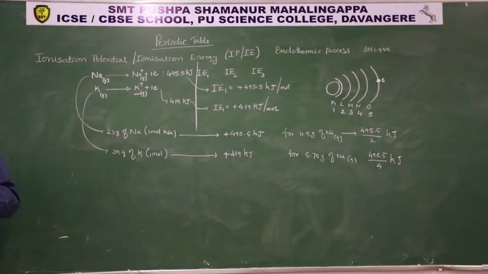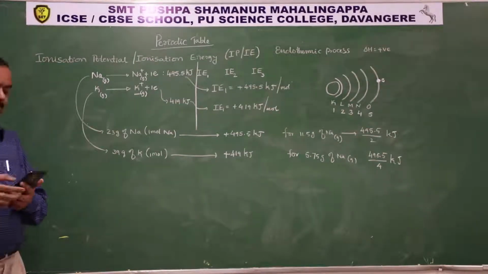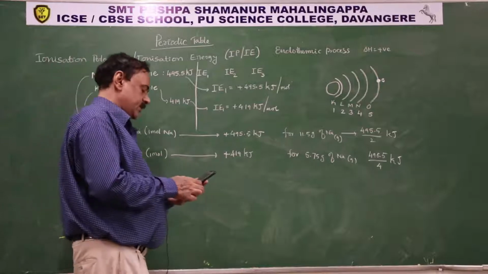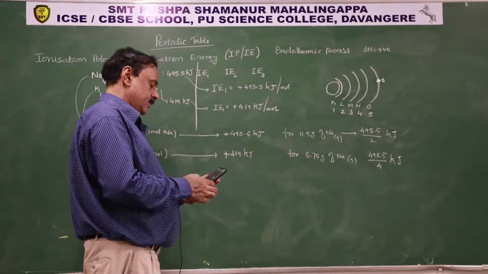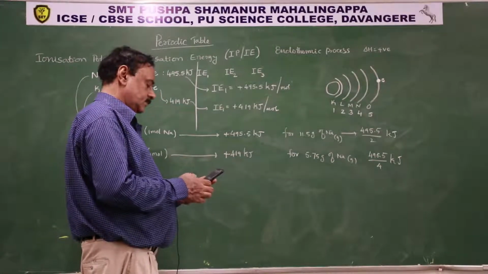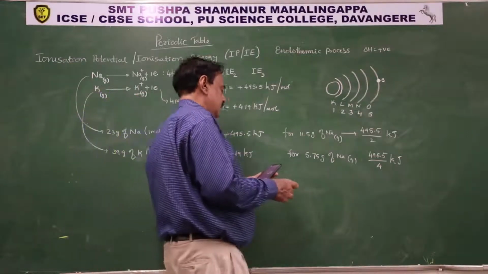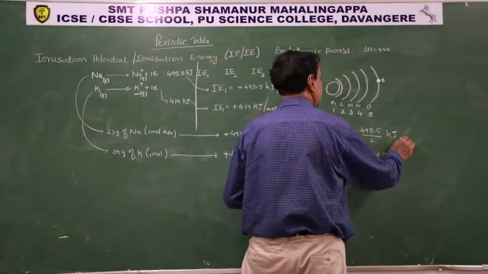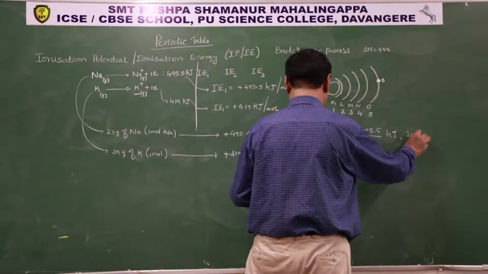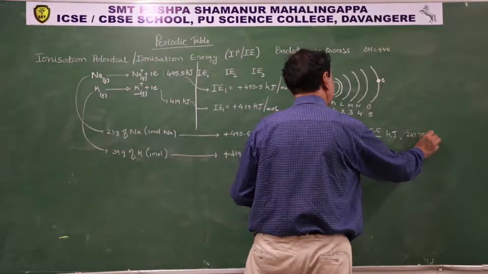Now what is its value? 495.5 divided by 2 is 247.75 kilojoules.